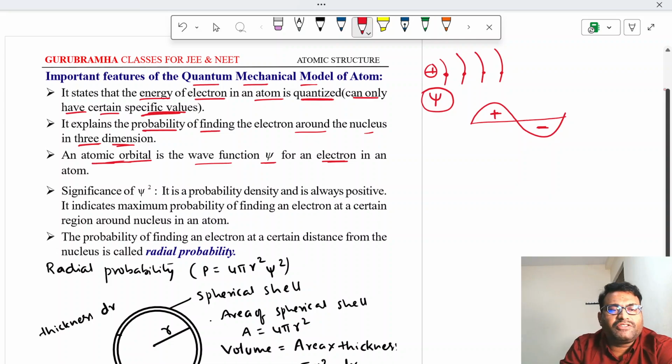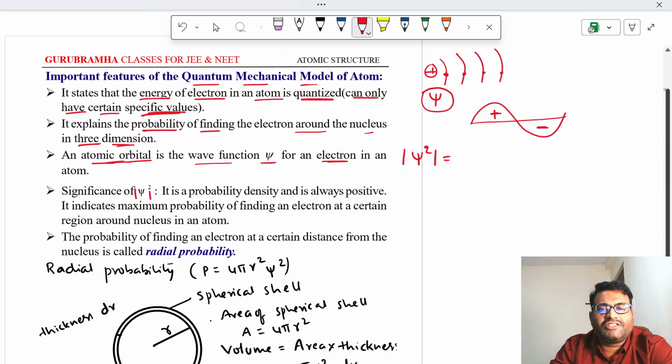So for that purpose, what is done? We square the psi. When you square psi, positive times positive gives positive. If there is negative, negative squared gives you positive. Or otherwise, we also write the mod of psi square. In this way also we can represent.